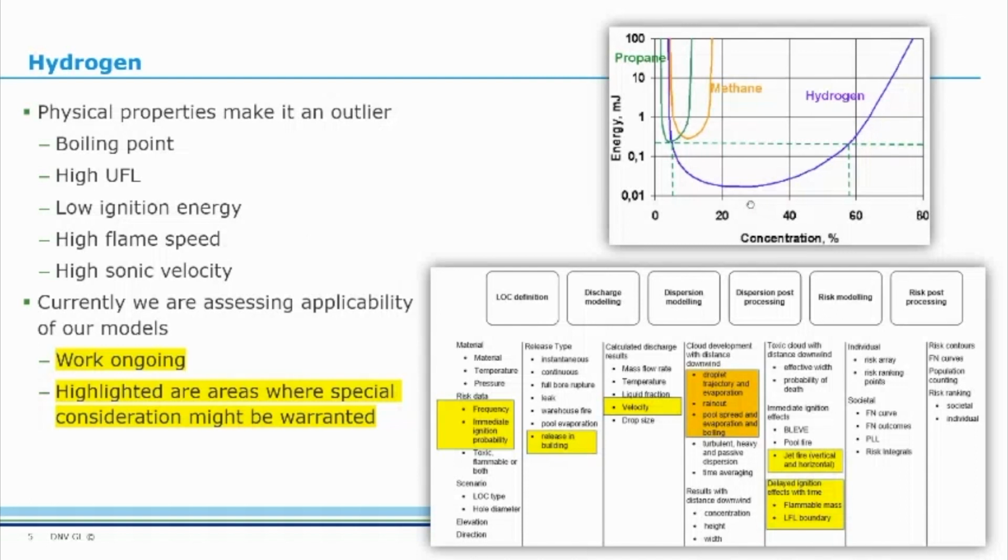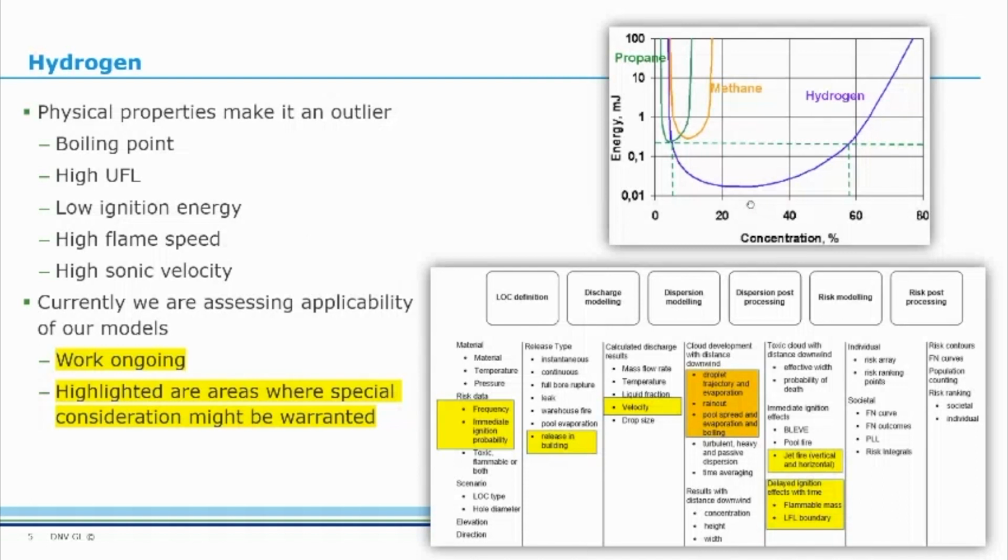It also has a really high flame speed, and this comes into particularly the explosion modeling. And it also has a very high sonic velocity of around 1200 meters per second. And then we have to question how good is the discharge modeling, how good is the dispersion modeling, and also any fire that comes after that.